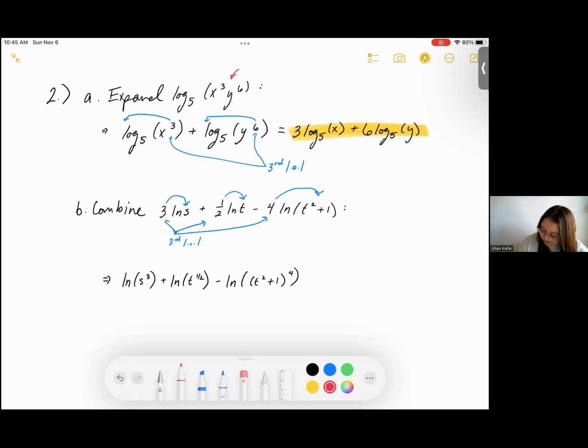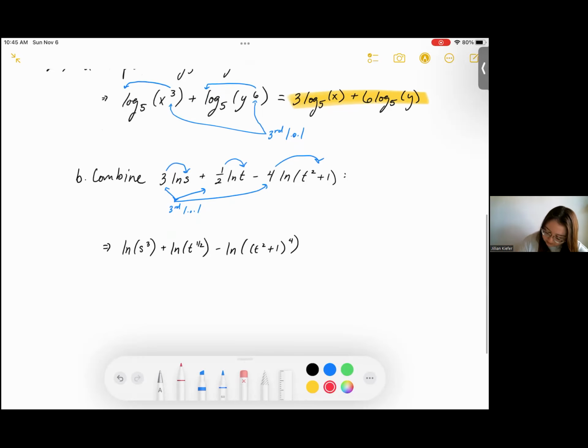So, all right. Since the addition comes first, this right here indicates to us the first law of logarithms. And in addition to that, it's just the first 2 terms. So we're going to use the first law of logarithms on just the first 2 terms.